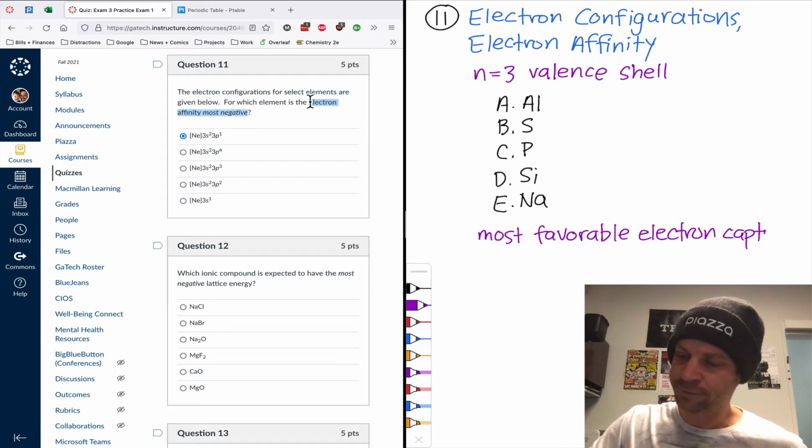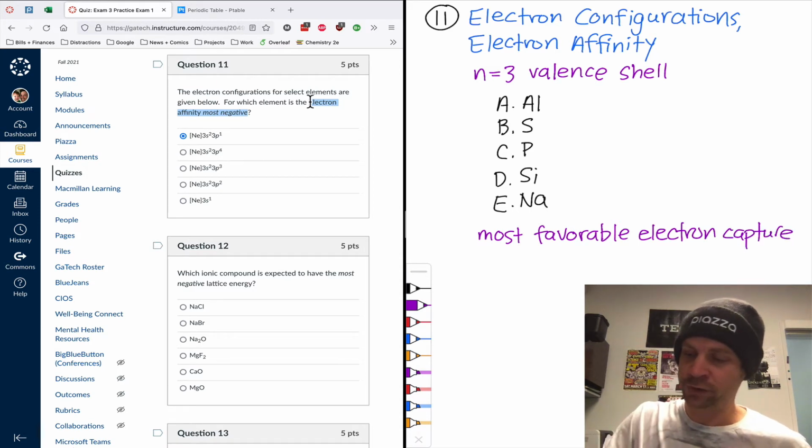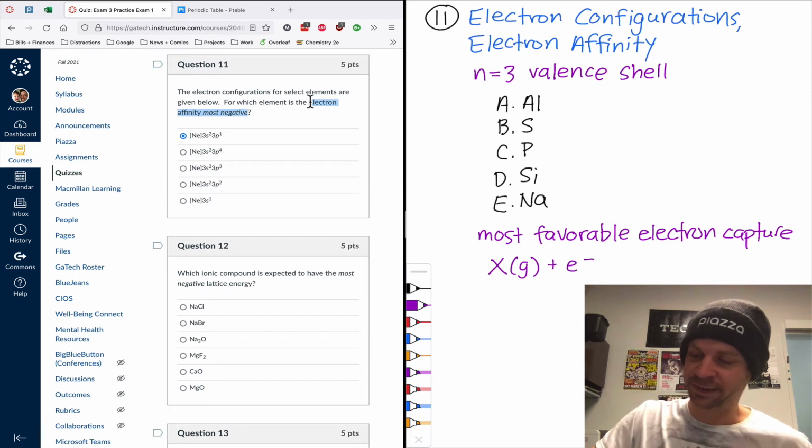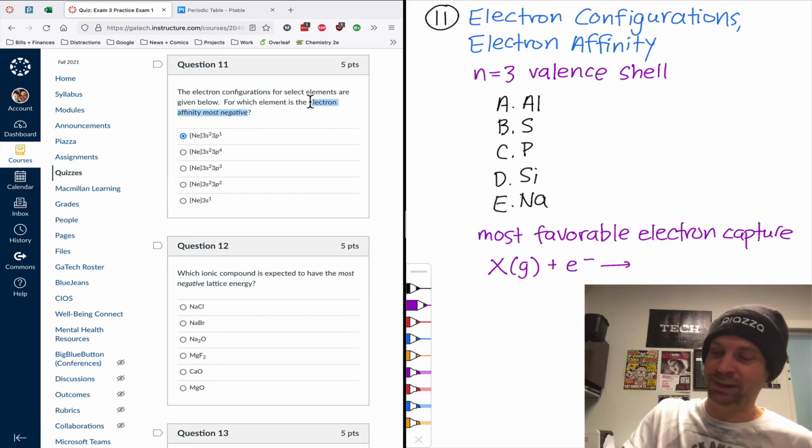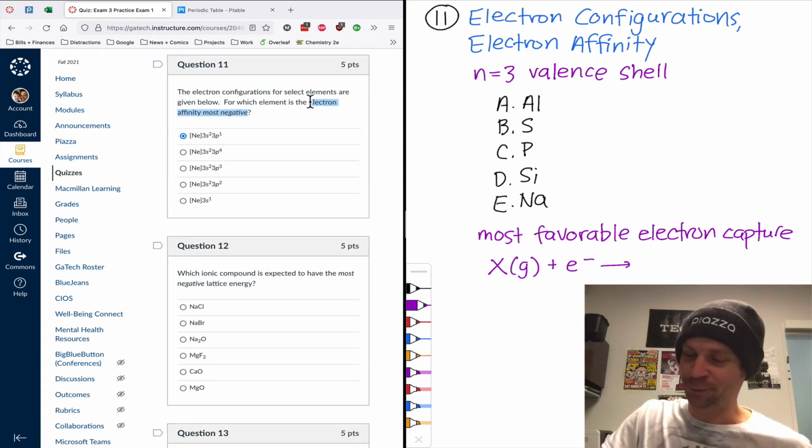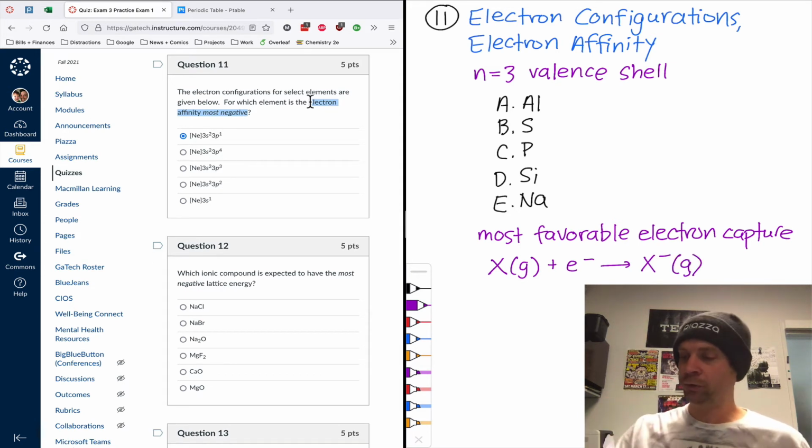Remember, electron affinity refers to this process by which a neutral atom, let's call it X, in the gas phase, captures an electron, takes an electron from kind of oblivion, as I like to say, and forms an anion, X minus, in the gas phase. The most favorable electron capture is what we're looking for here.